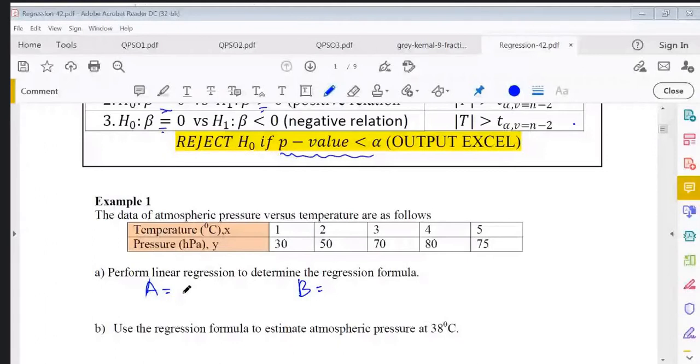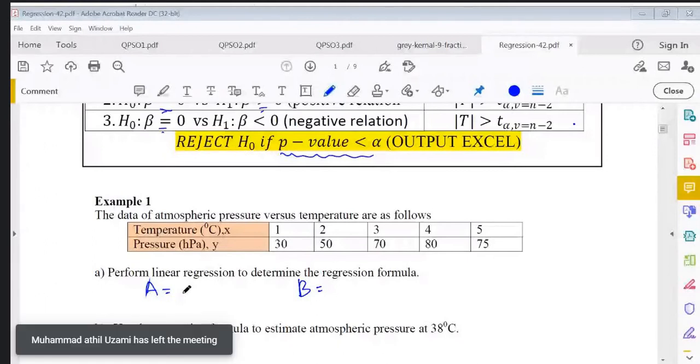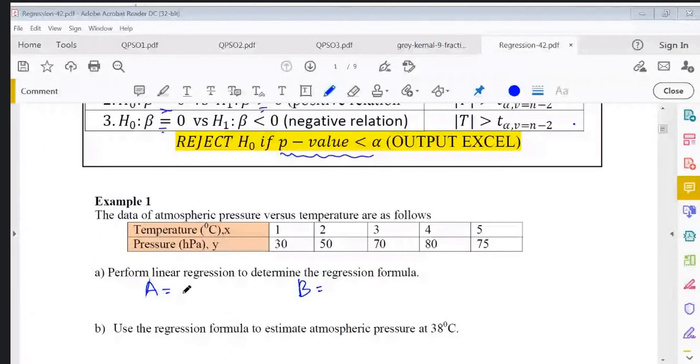Okay, A is 25. Make sure you get the same answer. A is 25 and B is 12.